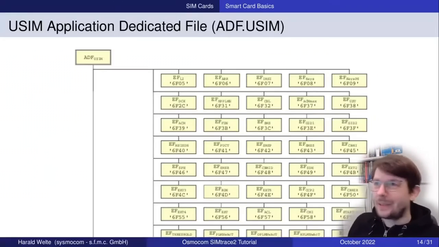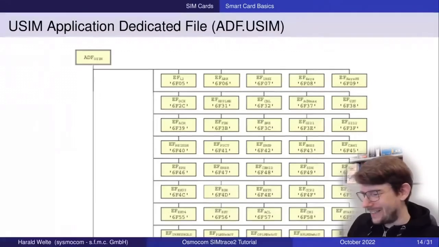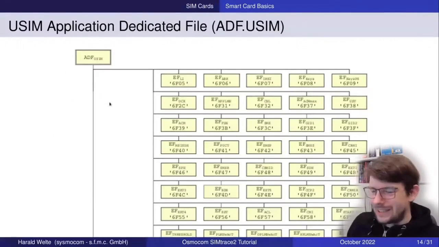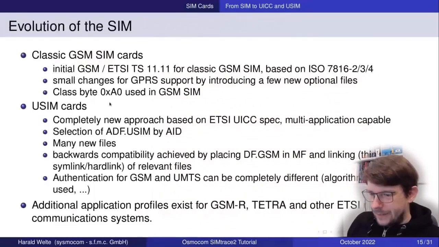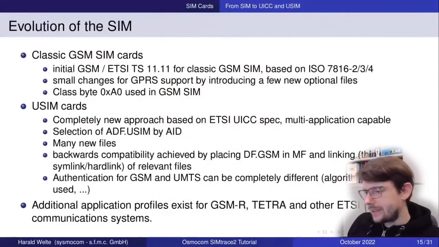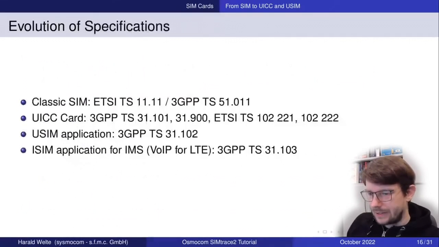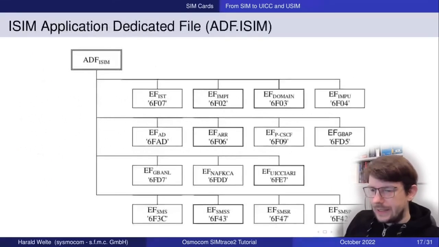Well, there is an eSIM, but it's a different context. But there's no E in the sense of evolved, because everything in LTE 4G is called E. So yeah, there are of course SIM cards for other use cases like TETRA networks or GSM Railway, which then each have their additional or different files specified in the related specs. Again, I'll not cover that in more detail.